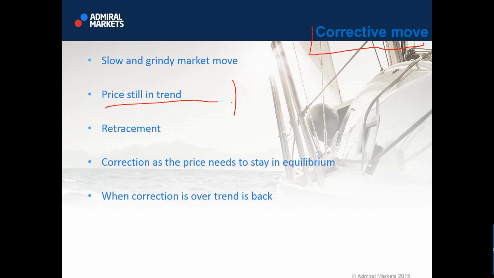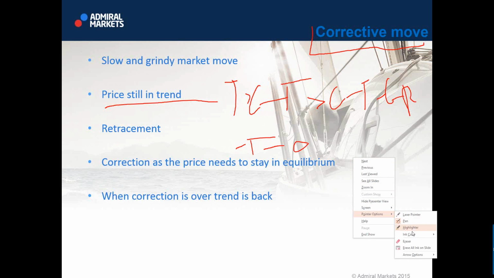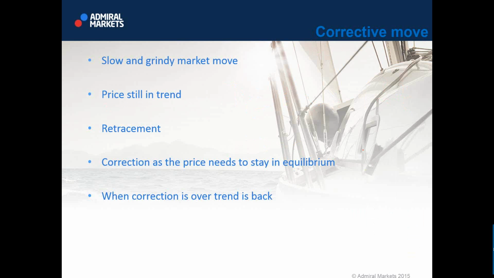There is a pattern which says trend, correction, trend, correction, trend, correction, then maybe reversal. Start of a new trend, correction. That is the pattern: trend, correction, reversal. We cannot have a reversal before a correction happens. Remember that.